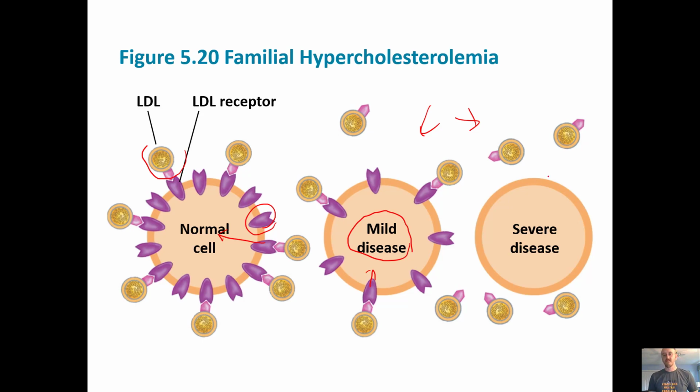And some of us have none of those proteins, so our blood vessels really build up with those lipids, and we have severe problems. So there's an example of hypercholesterolemia. If you have high blood cholesterol, this is one of the reasons for it. It might not just be your diet, it might be the proteins you have in your cell membrane not allowing cells to bring in enough cholesterol to get it out of your blood.